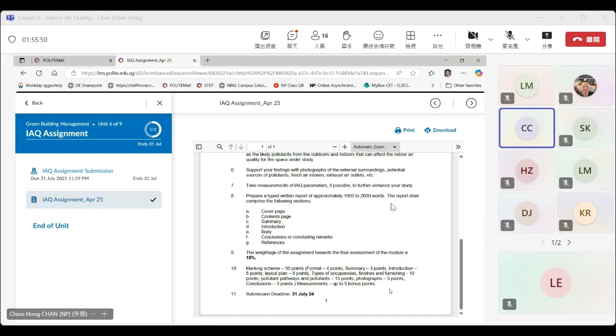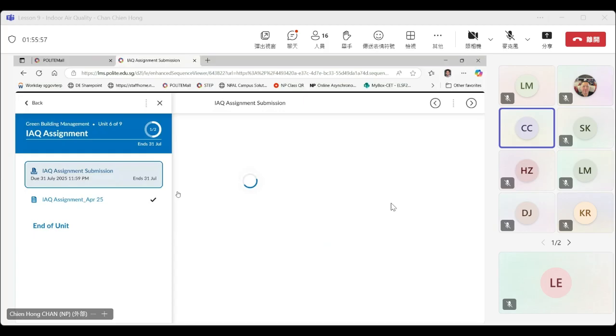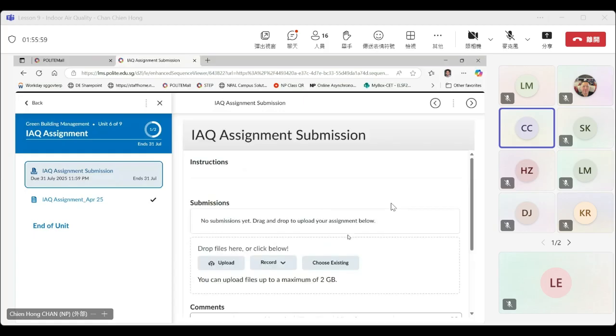When you do the submission, just go to this IAQ assignment submission page, and attach and upload the files.